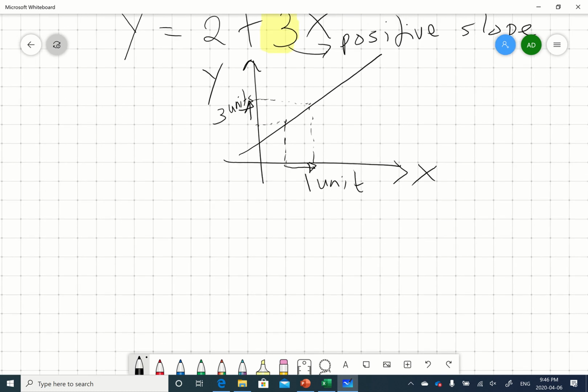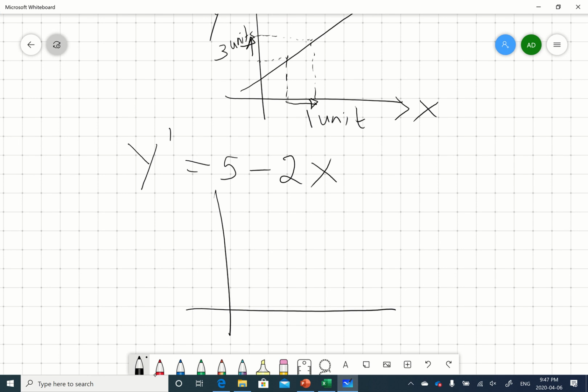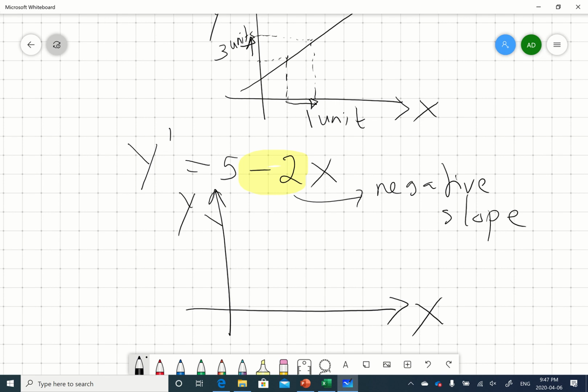Again, for example, if your regression line turns out to be 5 minus 2x, so you applied regression using your data and this is the outcome, that means a negative slope, minus 2. The line is going downwards now.